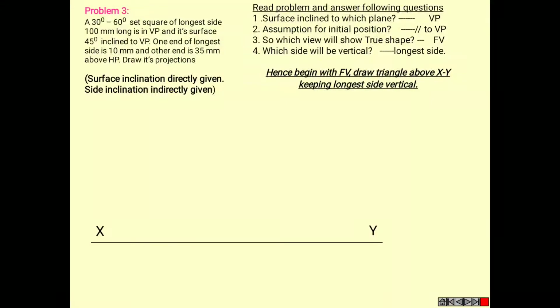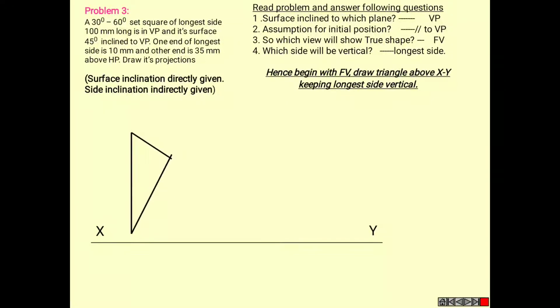Same XY axis line. Longest line of 100 mm with 30 and 60 degrees with the rest of the lines. So begin with the front view.